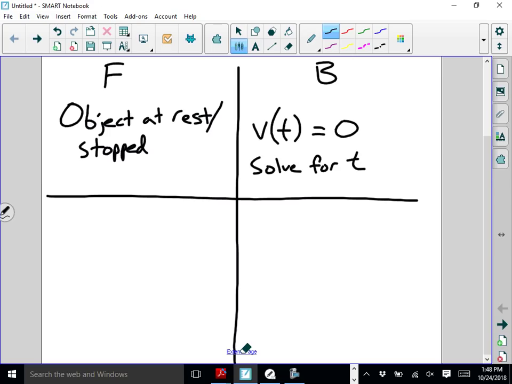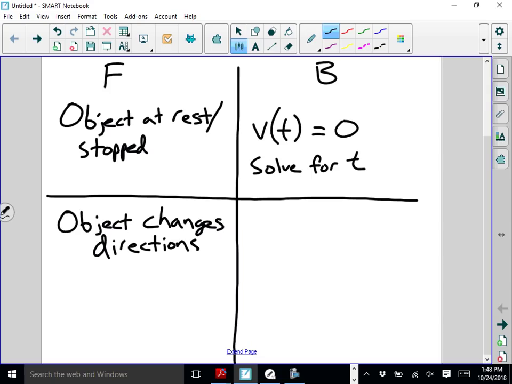Okay. The next thing I want on the front of your card, we need to figure out when an object changes directions. This is related to object at rest or object stopped, but it is different. There are some significant differences.